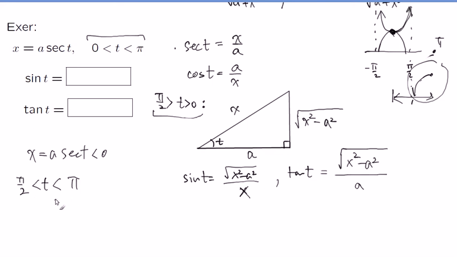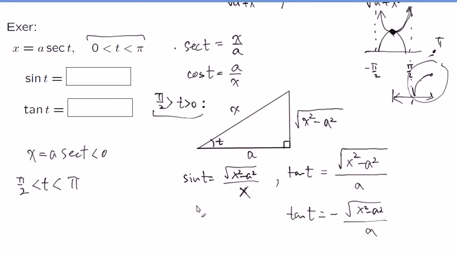This is like a second quadrant, right? Pi over 2 to pi. Tangent t, positive, negative. Negative, right? But this is always positive. Correct? This guy is always positive. So this is no longer a valid formula for t being here and x being negative. Therefore, we should really write tangent t being negative of square root of x squared minus a squared over a. Right? It has to be split into two different cases.